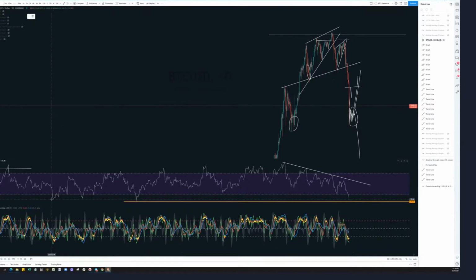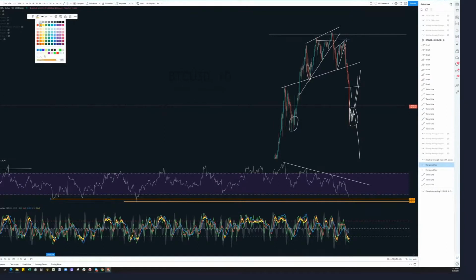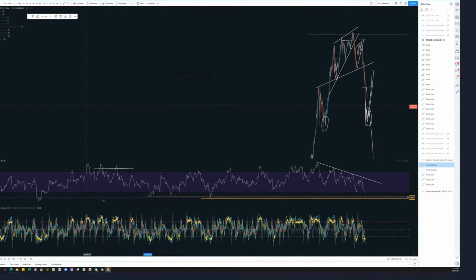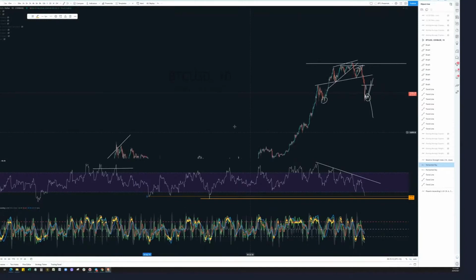So here's the other scenario. This was the previous, and we're pretty much right on it. Give us a sec. So the RSI is pretty much done. If you compare it to all the other RSI moments, there's one here. Not sure what that one was.